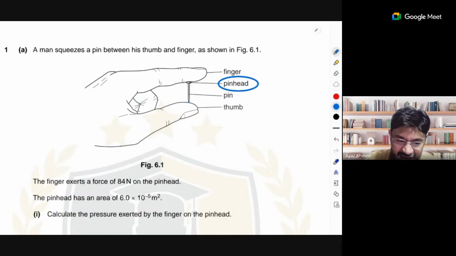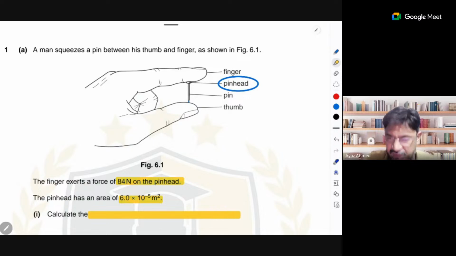A man squeezes a pin between his thumb and finger. The finger exerts 84 Newton force on the pin head. The pin head has an area of 6 into 10 raised to the power minus 5 square meter. Calculate the pressure exerted by the finger on the pin head.